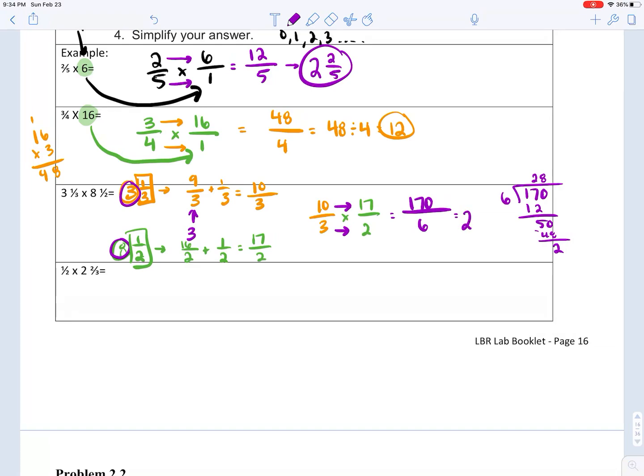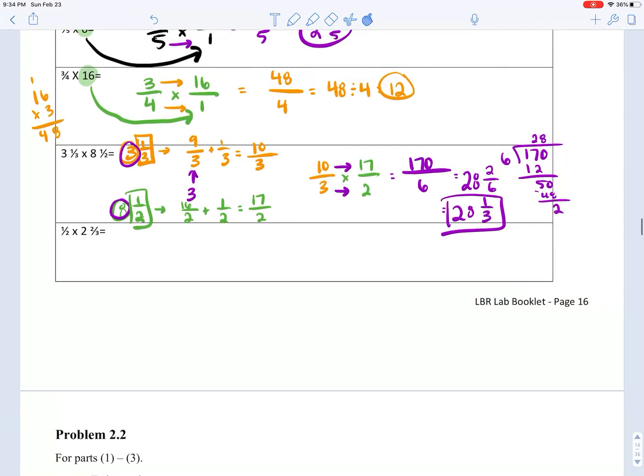So, rewriting this as a mixed number, we have 28 and 2/6. Is 2/6 simplified though? No, it's not. We need to simplify it, so we're going to write 28 and 1/3 instead. There we go.